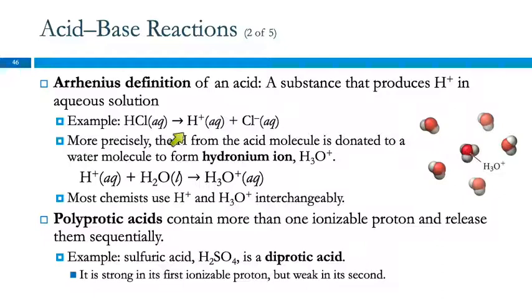So when this proton, this hydrogen ion, leaves the chloride, it doesn't have to be alone. There's water molecules everywhere. And so it's going to essentially ride piggyback on a water molecule. So you've got the H2O with an extra H+ on it, and that gives us H3O+. And that has the name hydronium ion. So that's what's actually happening.